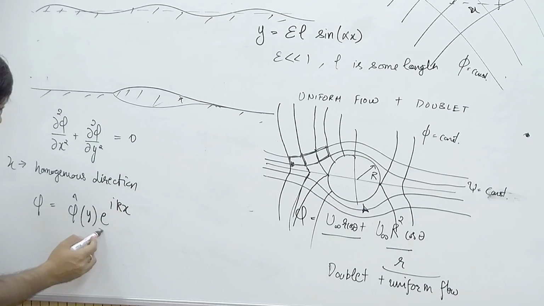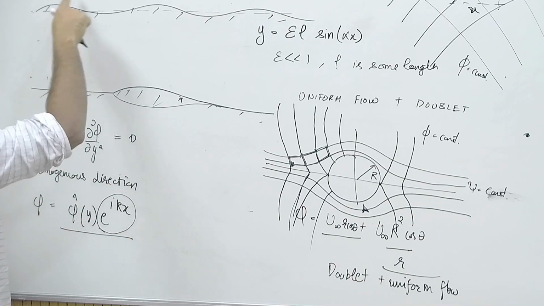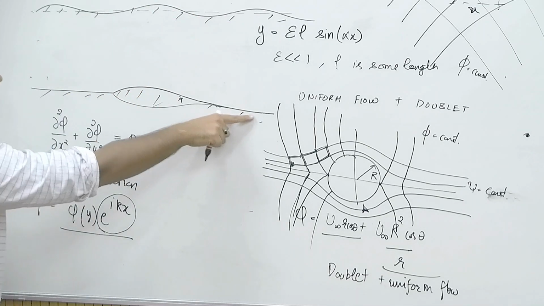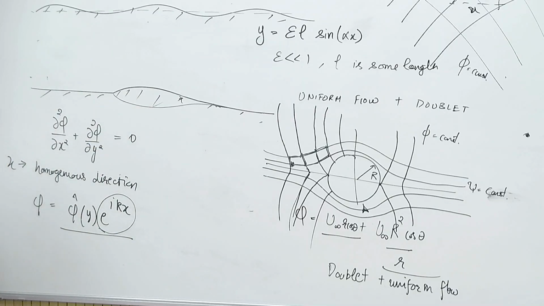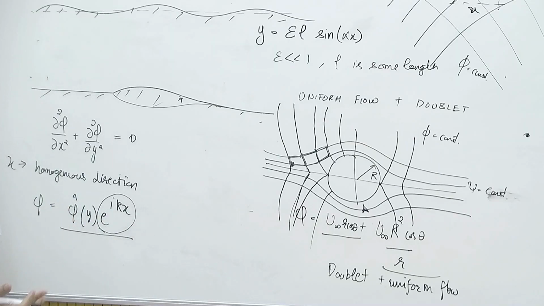I can basically solve for a particular complex exponential coefficient and say that this is my solution for a particular k. I can combine this solution for multiple k's and obtain a solution for this. You could have reasoned it from your separation of variables argument, either one works fine. If you can identify a homogeneous direction, you can always put a perturbation in phi like this.